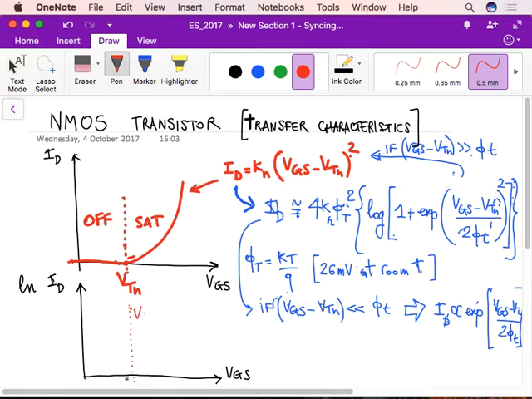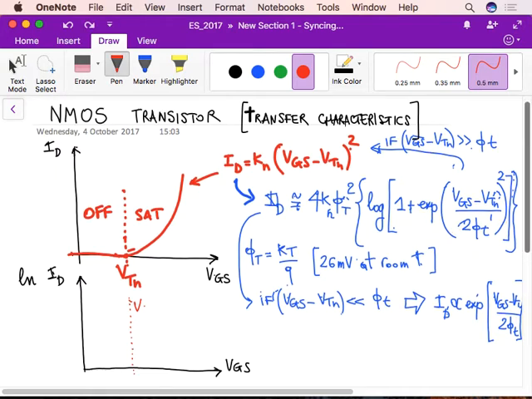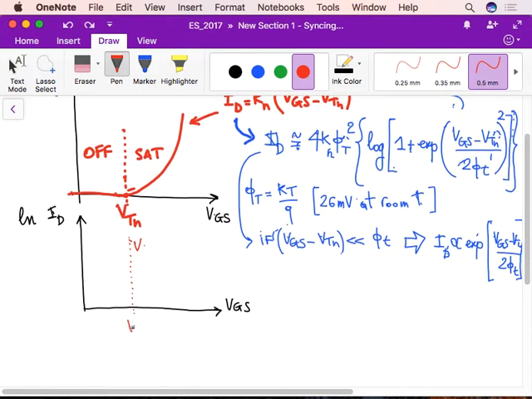If this is VTN, let's assume that this is VTN. When VGS is larger than VTN, if we plot the logarithm, we obtain something like this.